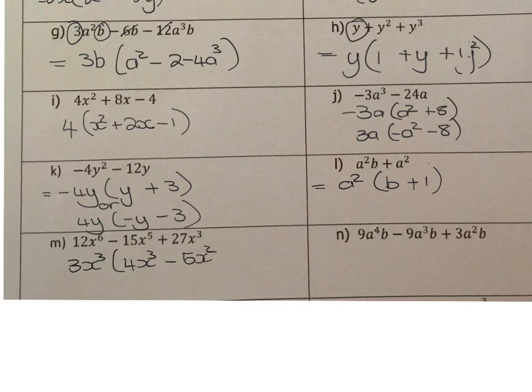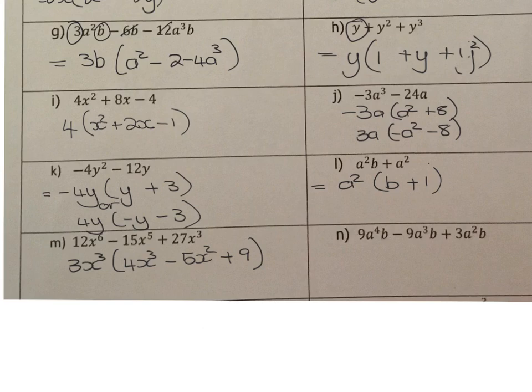And 3 goes into 27 9 times, and there will be no x's. Look, let's check. 3 times 4 is 12. X to the power 3 and x to the power 3 gives me x to the power 6. Remember, if your base numbers are the same, you just add your exponents. 3 times minus 5 is minus 15, and that will give me minus 5x. And 3 times 9, or 3x times 9, will give me 27x cubed.